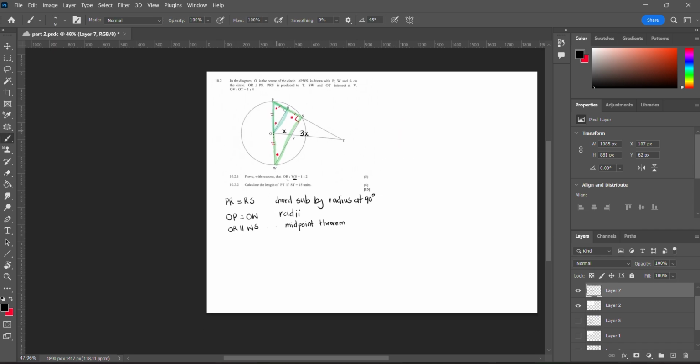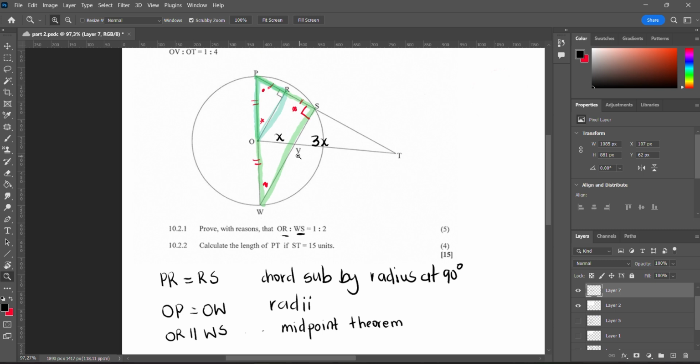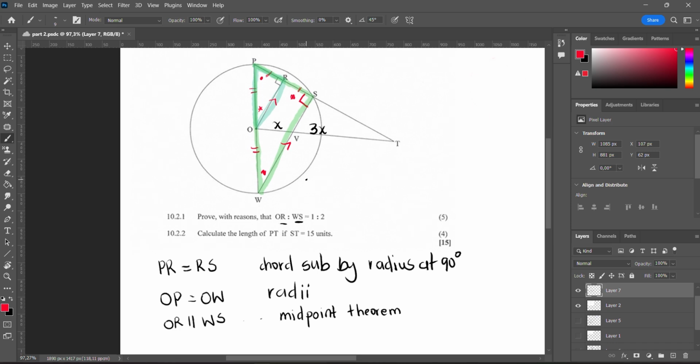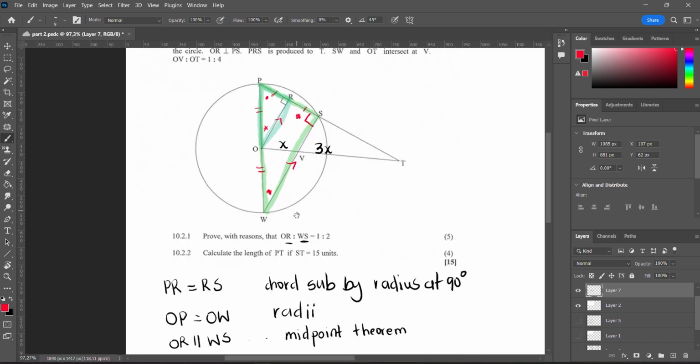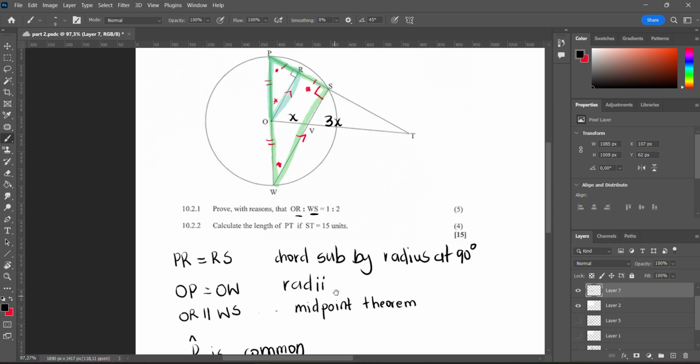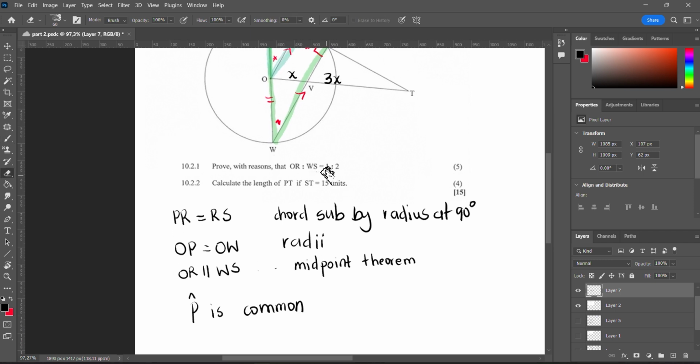Continuing, now knowing that this line right here is parallel to that line, and using a different color, we could now go in and do our proof. So firstly we're going to say angle P, sorry, I always write with black, angle P is common. The reason I use black is that the things I write in black are either given or stuff I would write in an answer sheet.